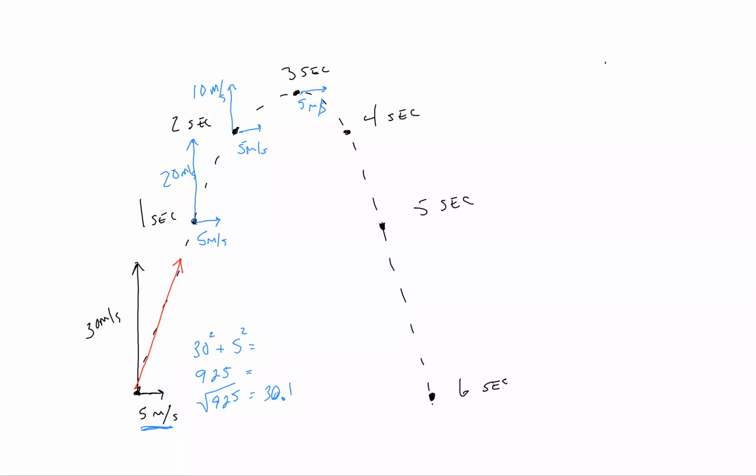Let's see if Maddie knows. Maddie, you're on. Is it negative 10 meters per second? It is negative 10 meters per second. This is still 5.